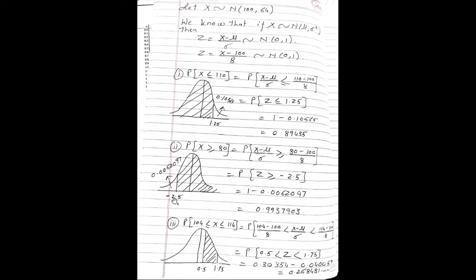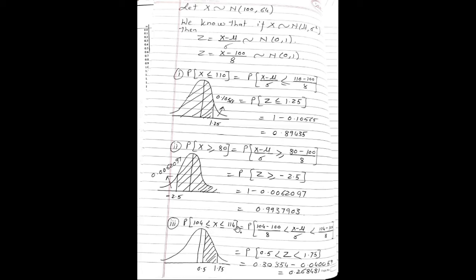But the value of 2.5 in the 0 column in the normal integral table is given as 0.006297, which is the tail part of the curve. So the final answer is equal to 1 minus 0.006297, which is equal to 0.9937903.